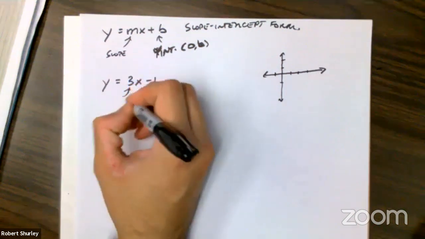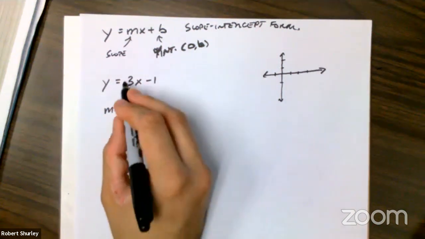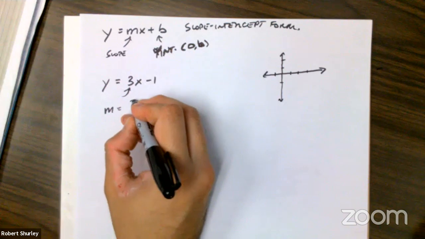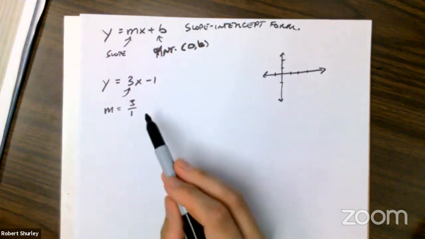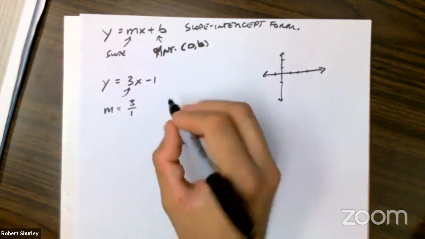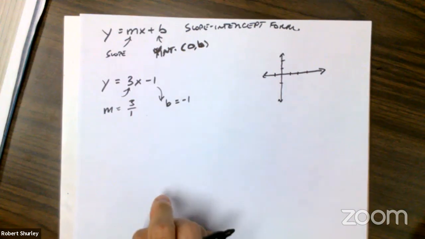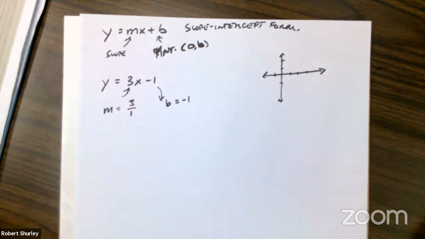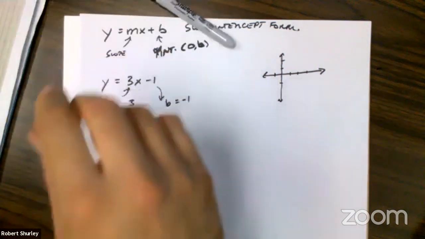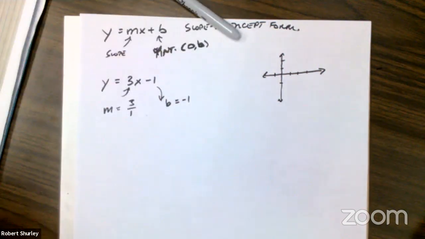So this is the slope, and even though it's a whole number, an integer, I need to think of it as a fraction because it gives me the rise over the run. This, though, tells me where I cross the y-axis, right? So b equals -1.